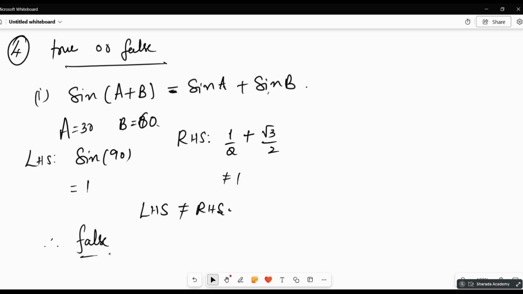Next one. Pavan, tell me what is the answer for the second one? Second question, true or false? Which question are you not understanding? I don't know. You tell the answer, no? The value of sine theta increases as theta increases.